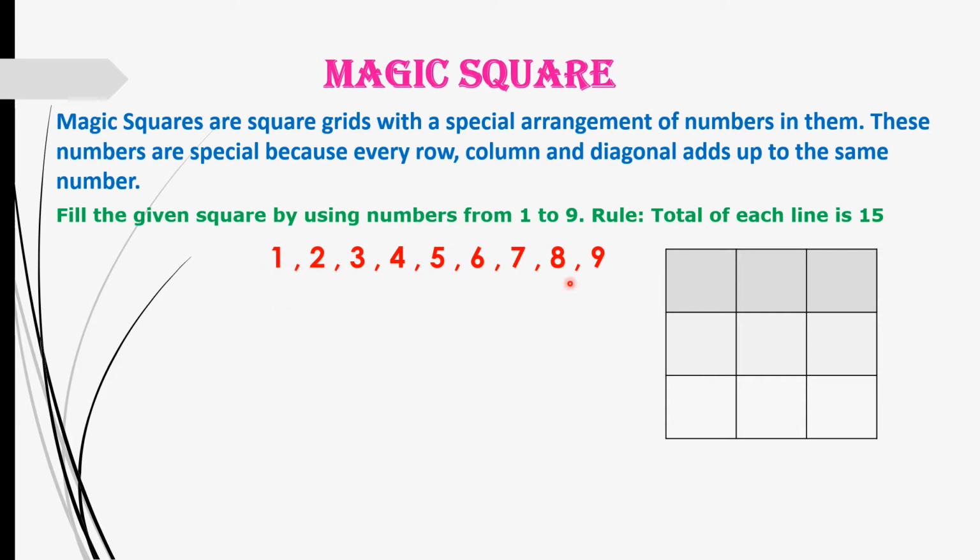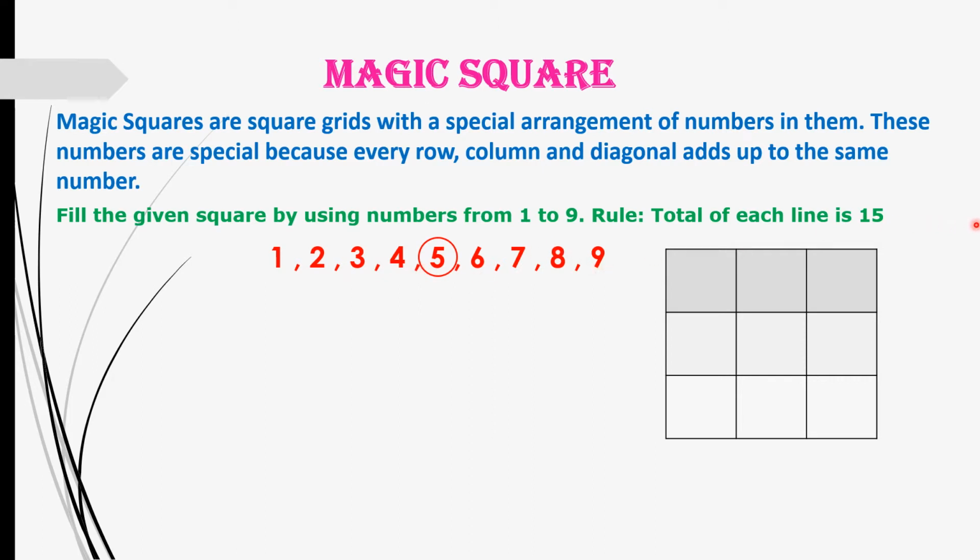Okay, so I'll just write 1 2 3 4 5 6 7 8 9. I'll write the numbers in increasing order. So what is the number which is in the middle of these numbers? Yes, it is 5, because on the left hand side of 5 there are 4 numbers and on the right hand side of 5 there are 4 numbers.